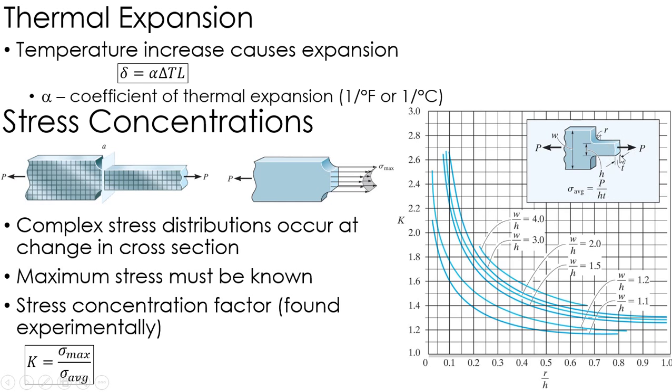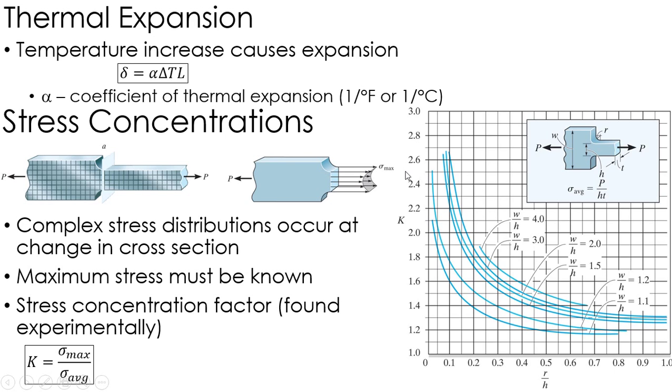So that average stress is the force over the small height times the thickness, okay? And then r over h is also here. r is the radius of the fillet, and then h is the height of that. So again, the smaller r gets, as I move this way, my K goes up, okay, which I think makes sense.